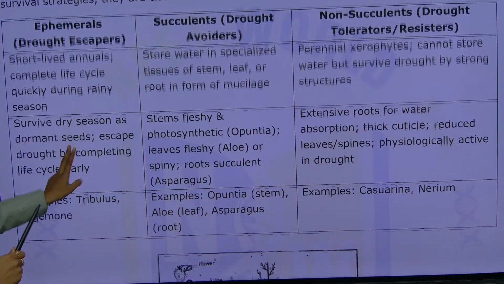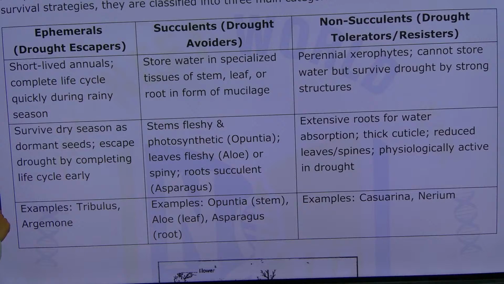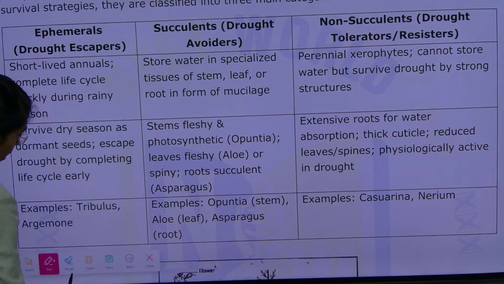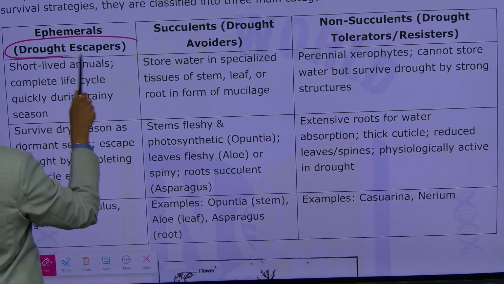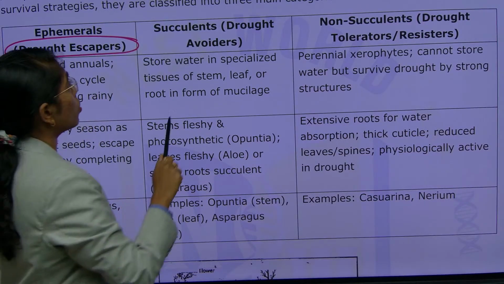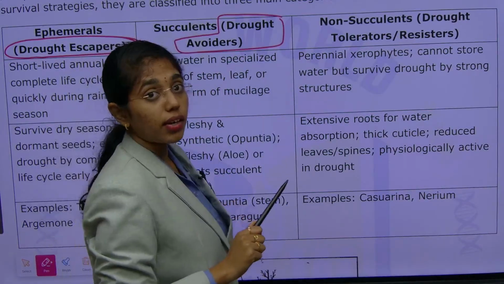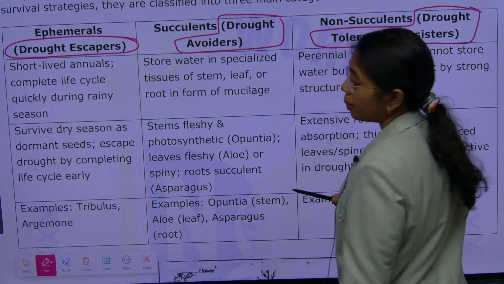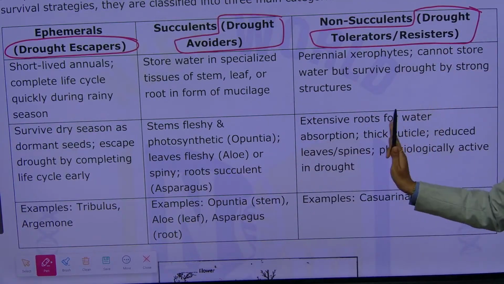First is ephemerals, which are also addressed as drought escapers. Succulents are also known as drought avoiders, and non-succulents are also known as drought tolerants or resistors. Remember that. Now we will look into the comparative analysis and highlight the differences.